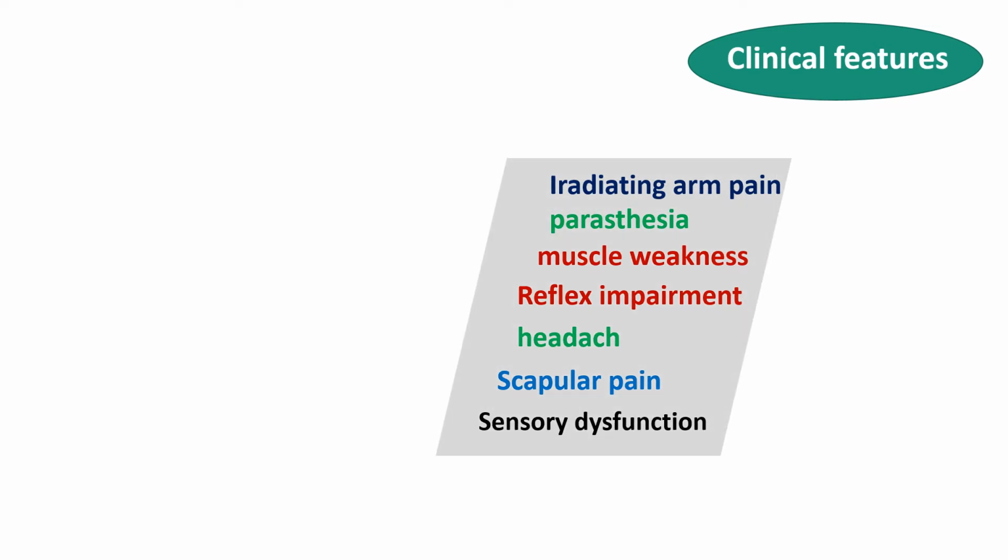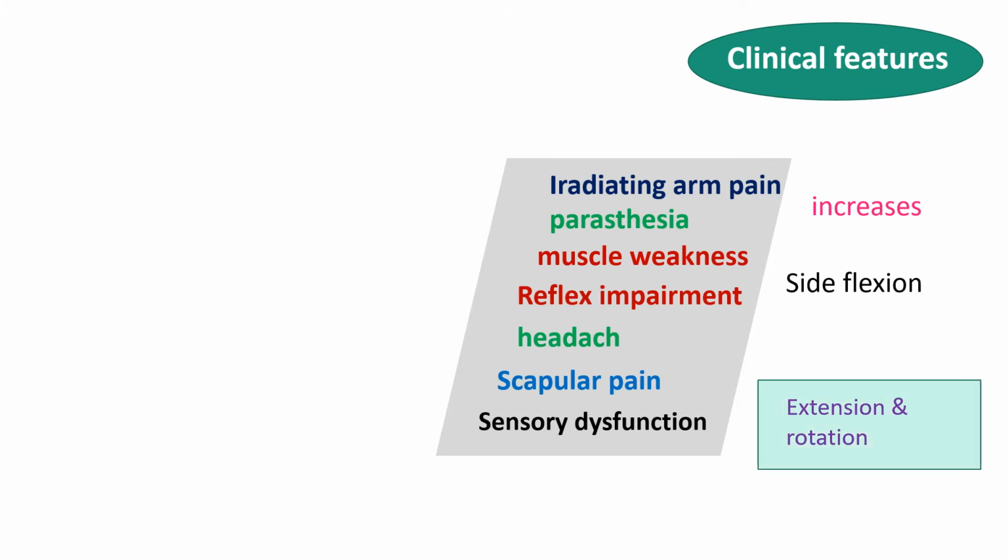Symptoms increase with side flexion towards the painful side and also with extension and rotation of the neck, and these extensions and rotations of the neck cause a reduction in the size of the intervertebral foramens.